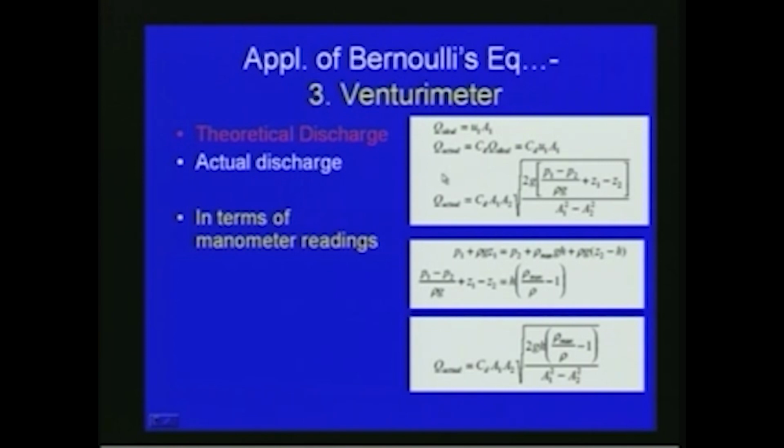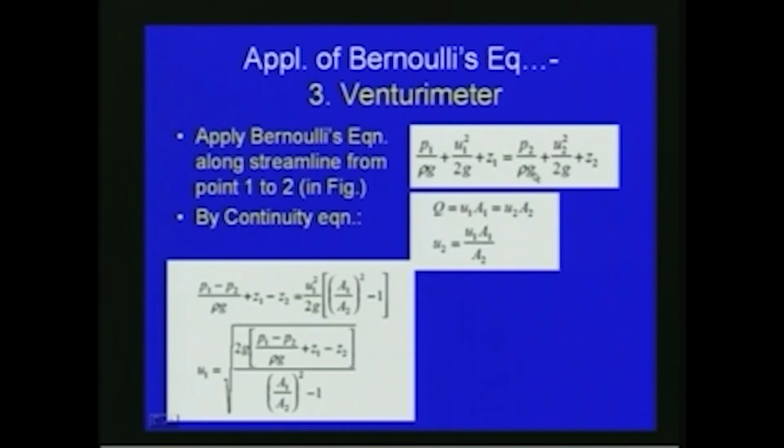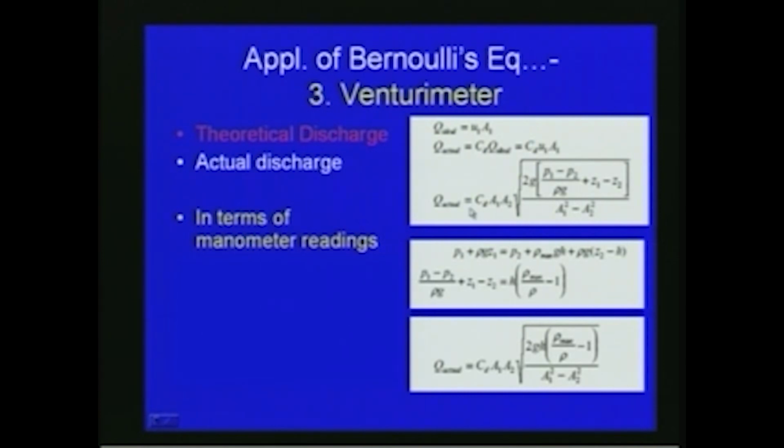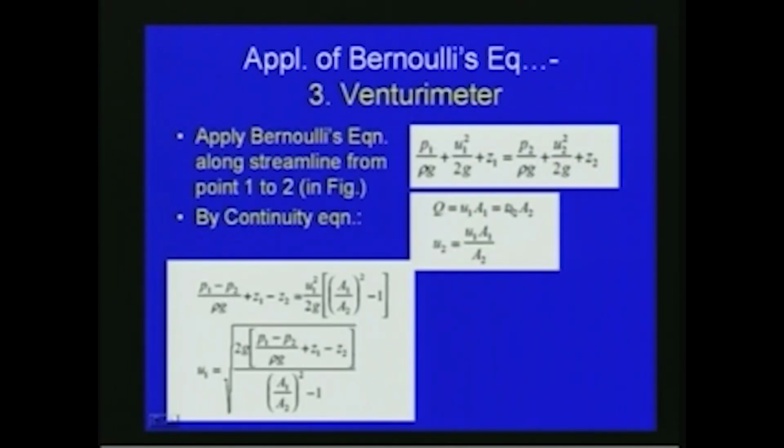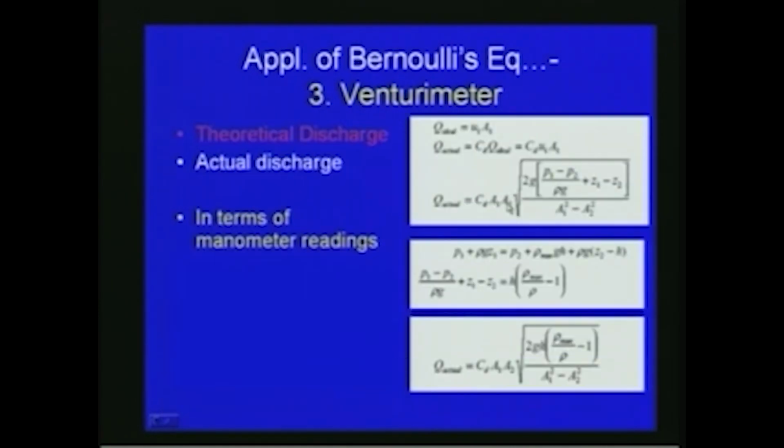So with respect to the previous equation which we derived for u1, Q actual is equal to the coefficient of discharge multiplied by a1 into a2. Here a1 is the cross section at section 1 and a2 is the cross section at the converging cone, multiplied by the square root of 2g into (p1 minus p2 by rho g plus z1 minus z2) divided by (a1 square minus a2 square).